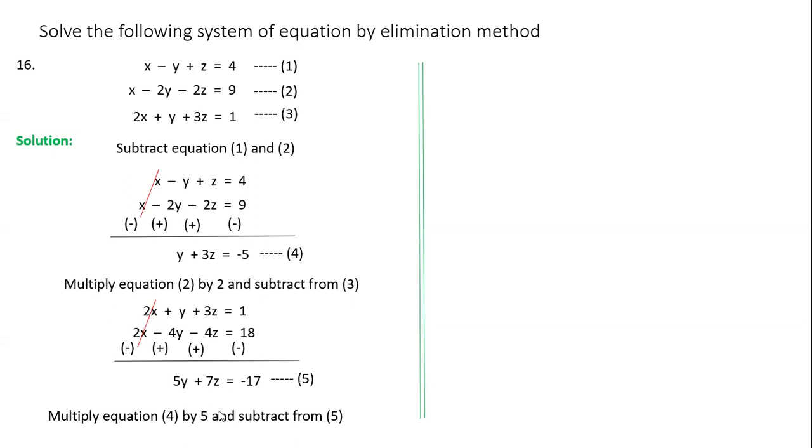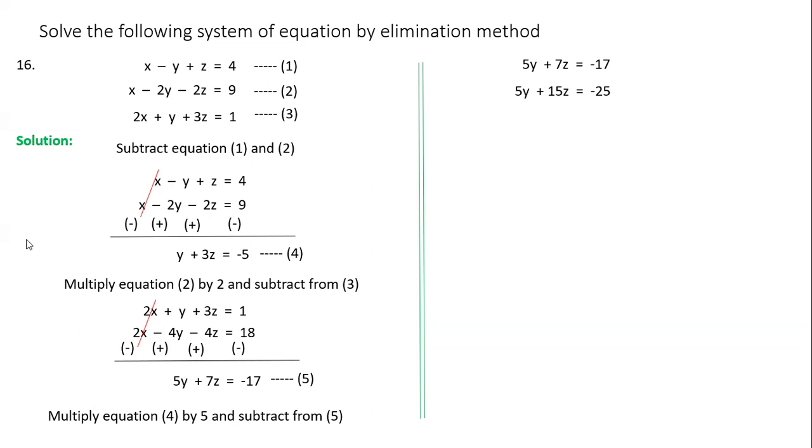Multiply equation 4 by 5 and subtract from 5. Multiply the fourth equation by 5.